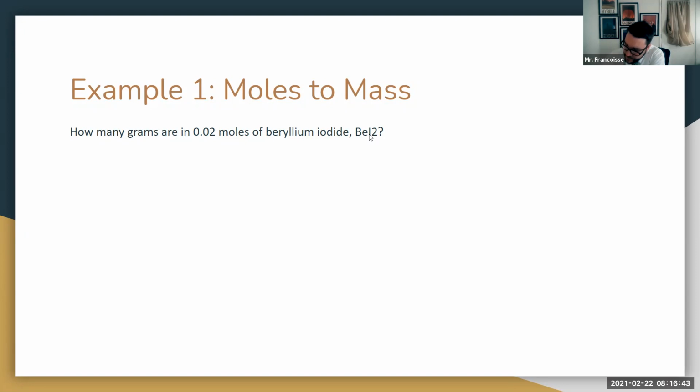So we want to find how many grams are in 0.02 moles of BeI2.